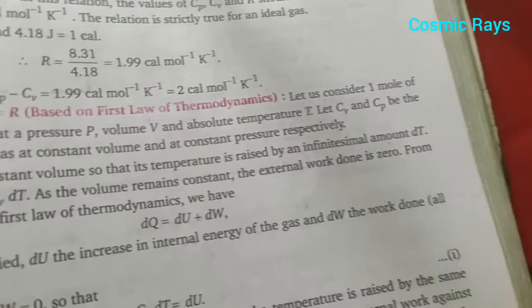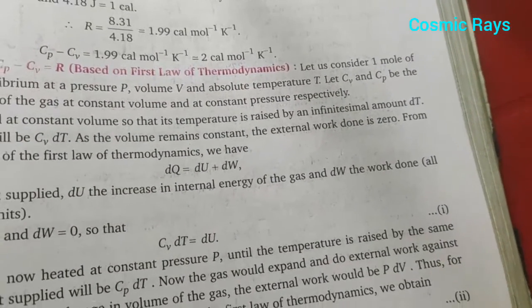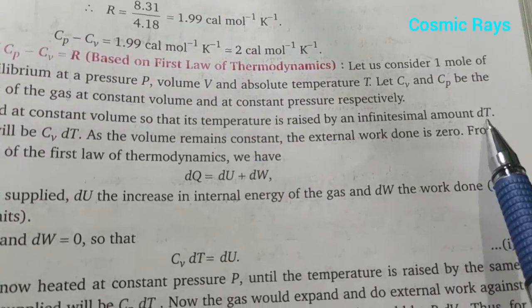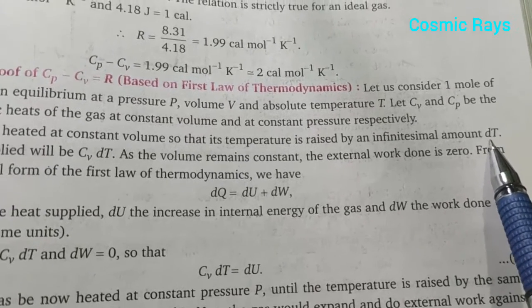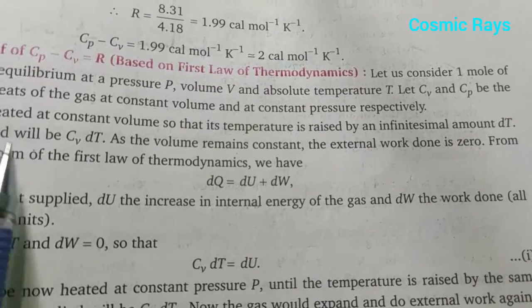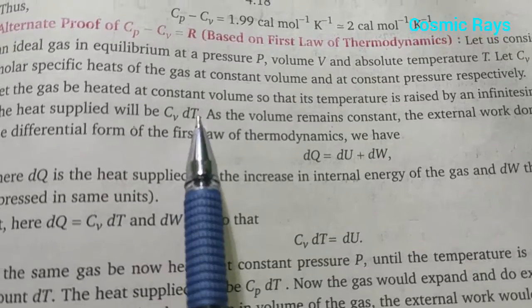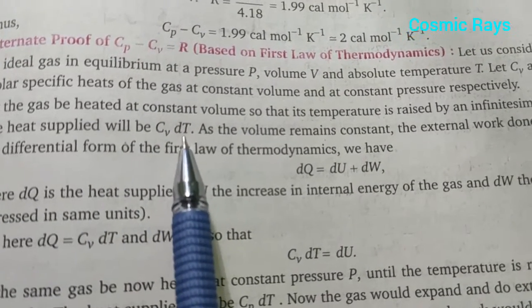So when the gas is heated at constant volume, the temperature is raised, and we assume that it is raised by a very small amount, that is dT. So to calculate the heat supplied, it would be molar specific heat multiplied by the increase in temperature. So molar specific heat at constant volume is Cv multiplied by the increase in temperature.